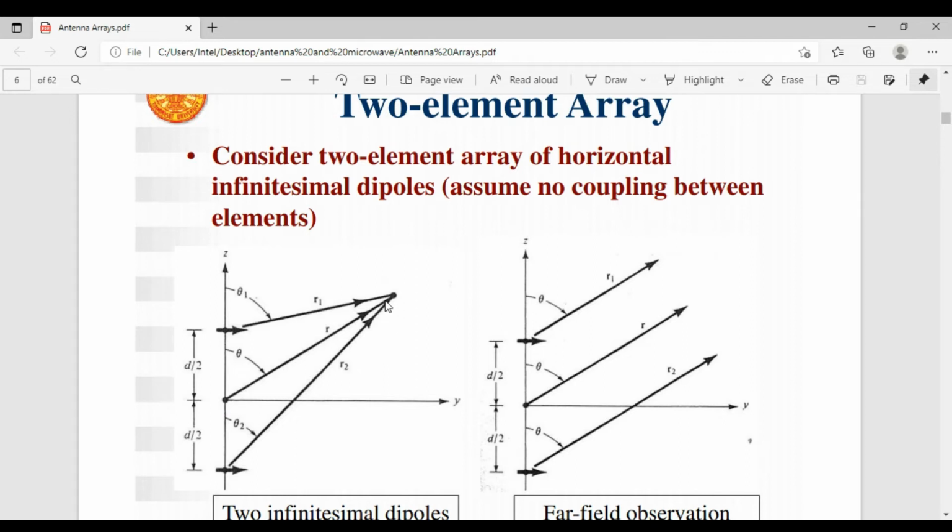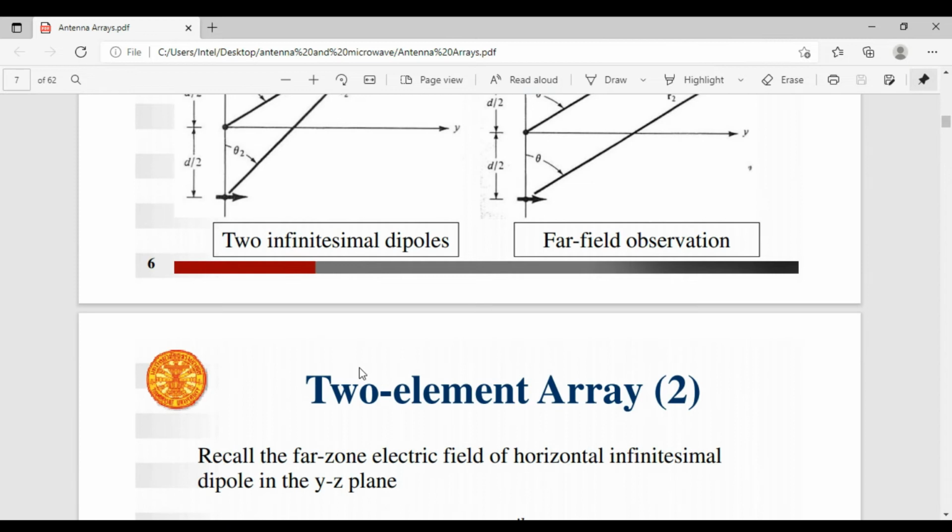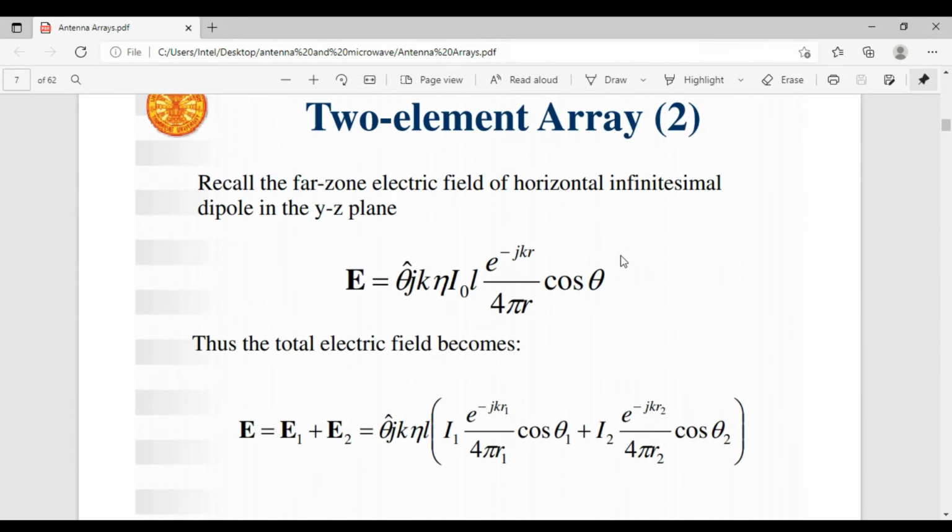Next, we are measuring the field components at a point P in the far field. The point P is located far away from antenna 1 and antenna 2. So for the two element array, here is the electric field value.